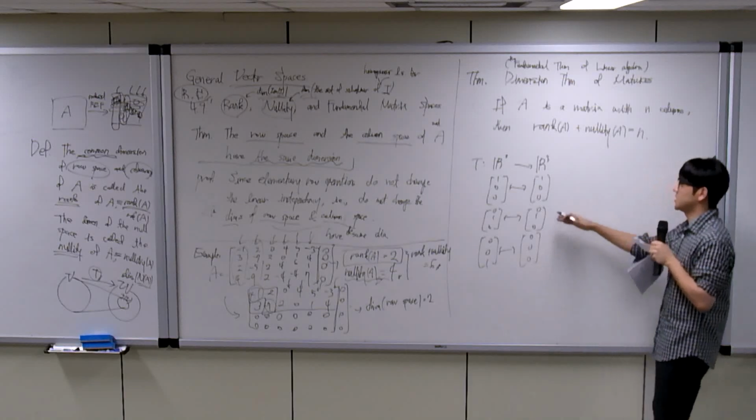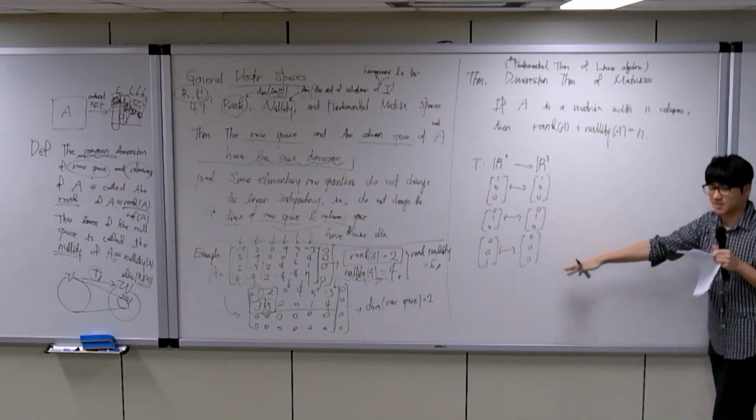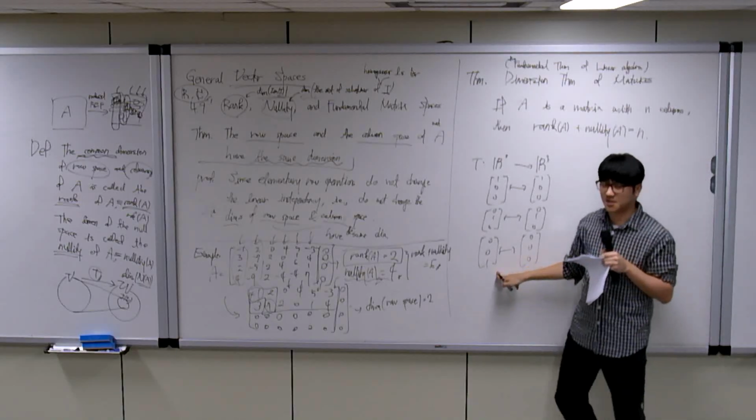In this case the linear transformation will collapse the third entries.